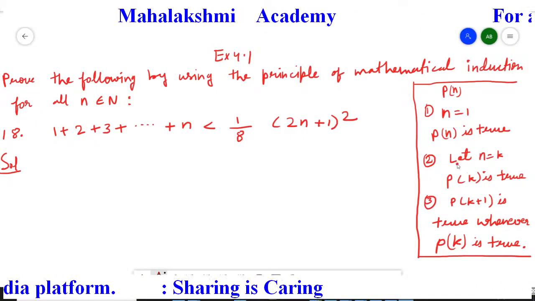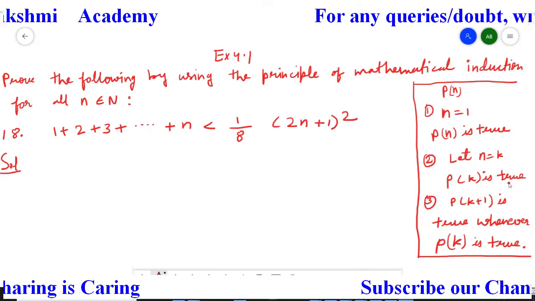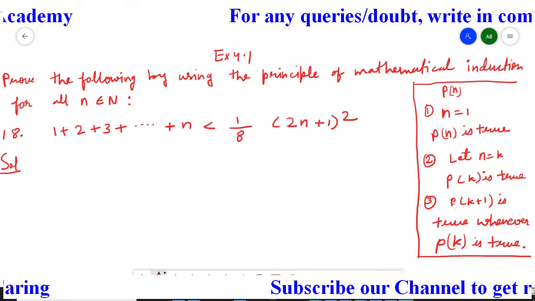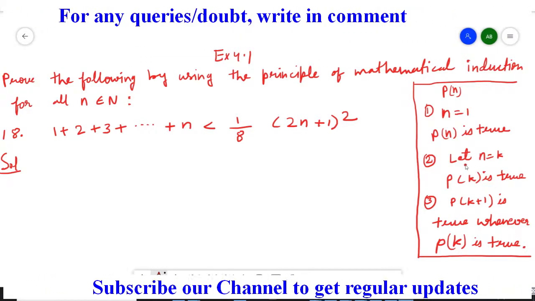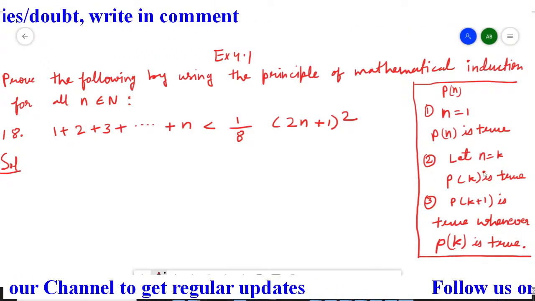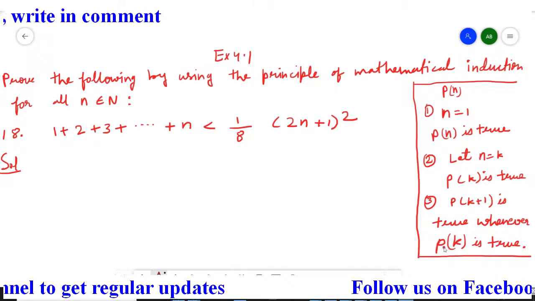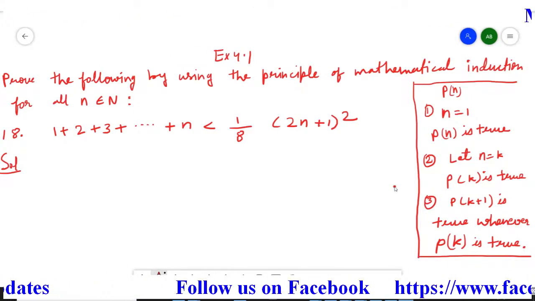In the second step we simply assume that for n equal to k the statement Pk is true, and in the third step, with the help of the Pk statement, we have to prove that the Pk plus 1 statement is true. So we will start.